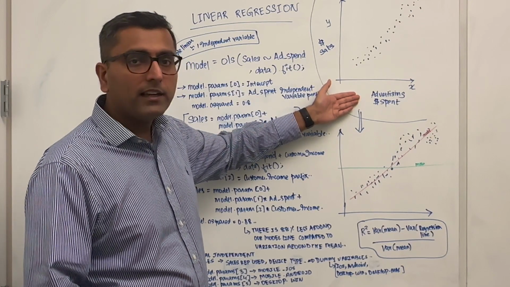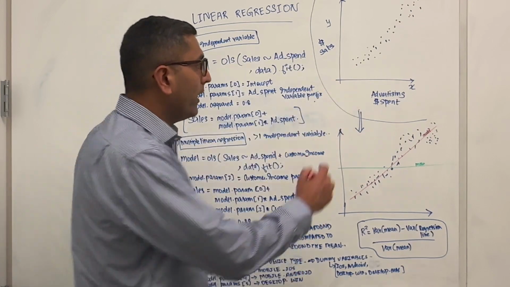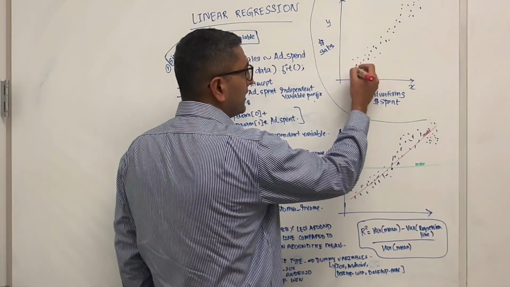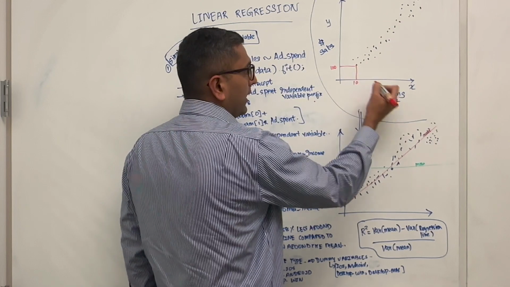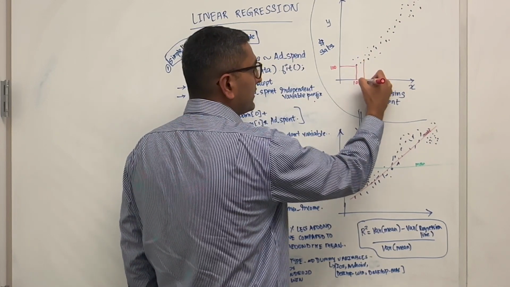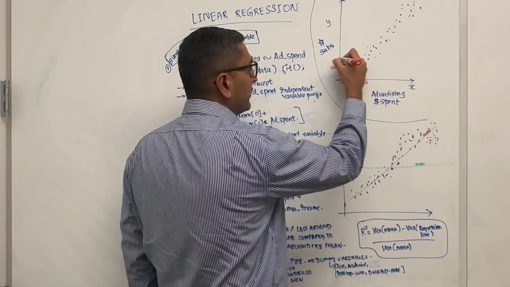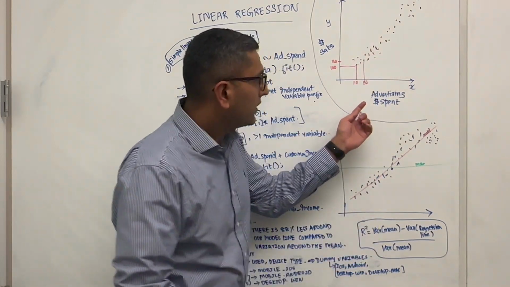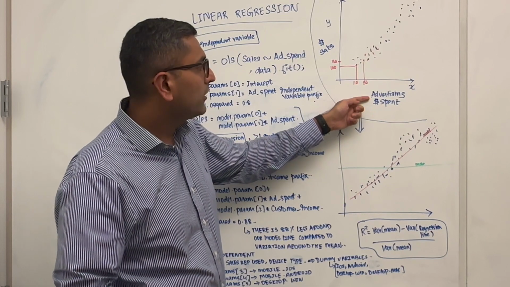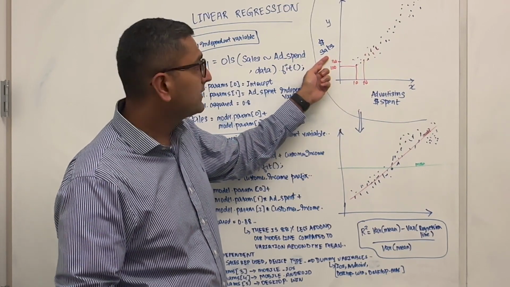Then you can model a relationship that says, hey, when I spend, let's say $10, I got $100 in revenue. And when I spent $20, I got $140 in revenue, and so on and so forth. So you get all of these blue dots, which is spending certain advertising dollars got you in the past sales dollars.